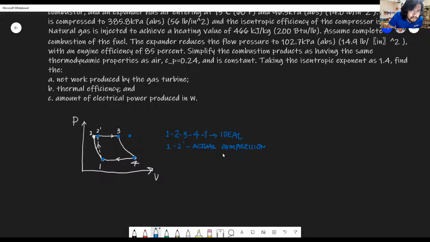So instead of having the original 3, we get a 3 prime, and it goes down to 4. This is 4 prime, a new 4. It's going to go down there because it's already out of the way.